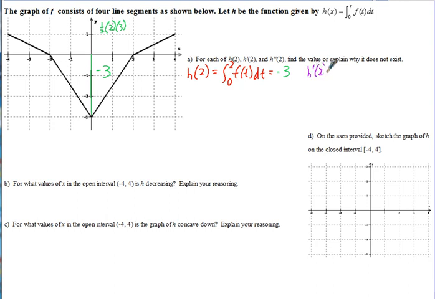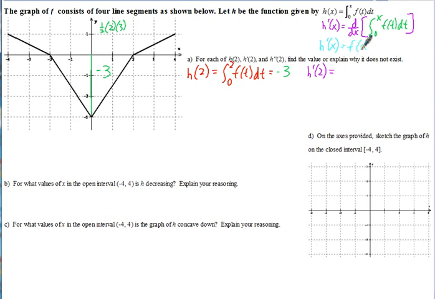And then to find h prime of 2, well, we need h prime first of all. So if we take the derivative, h prime of x, then we should take the derivative with respect to x of the other side of the equation as well, the integral from 0 to x of f of t dt. You can see again that this fits the second fundamental theorem of calculus. It's the derivative of an integral, and the lower limit is a constant, the upper limit is x. So the derivative and integral essentially cancel out, and we get h prime of x equals f of x, the x just replaces the t.